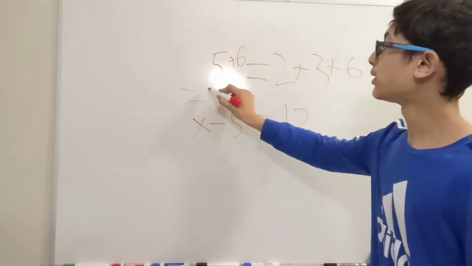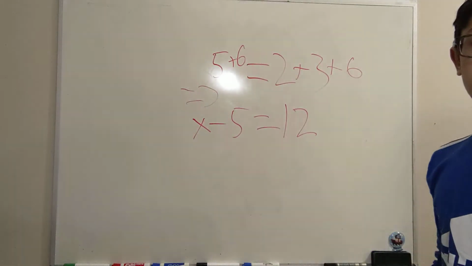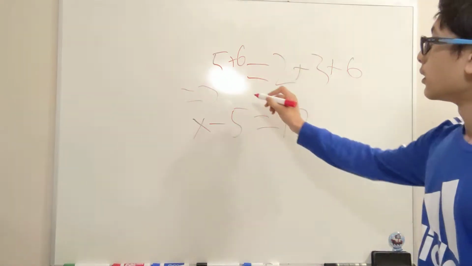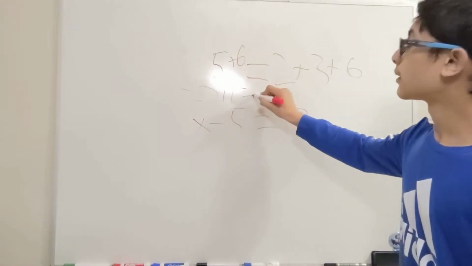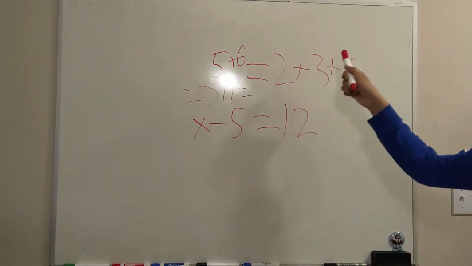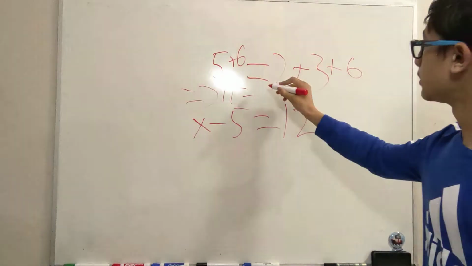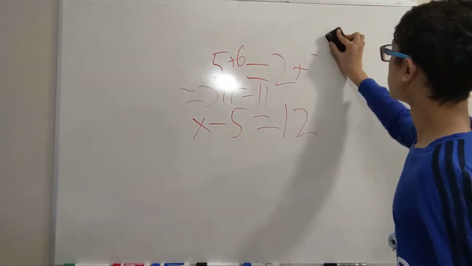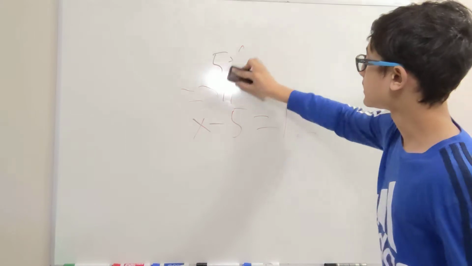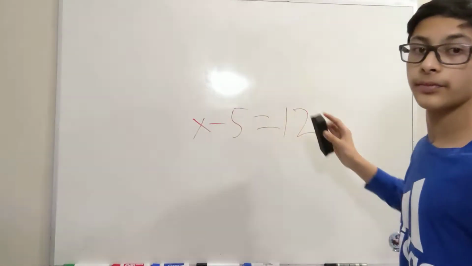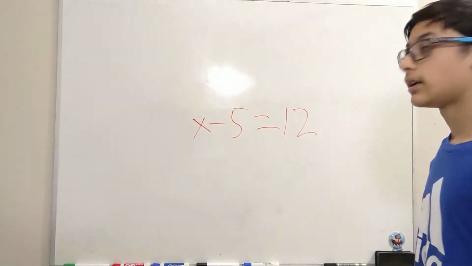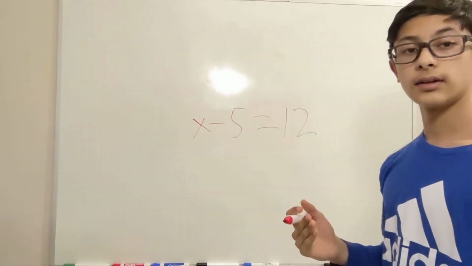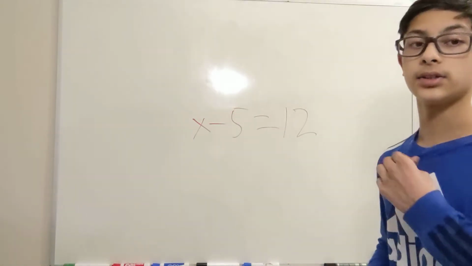We put our implies sign in front of every new equation. It implies 11, because 5 plus 6 is 11, equals 2 plus 3 plus 6, which is 11. So we can add the same thing to either side of an equation, and it'll still be true. This also works with subtraction, as we'll get into later.